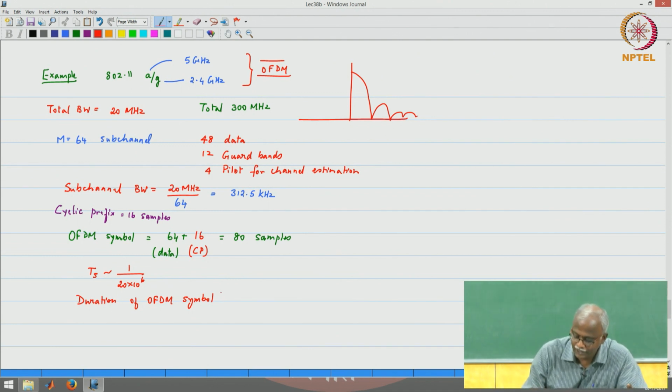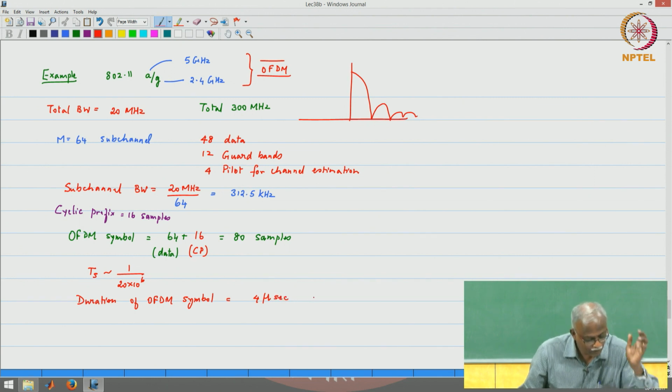It is going to be 1 over 20 into 10 to the power 6, multiplied by 80. I think this comes out to be around 4 microseconds. You can just verify that.